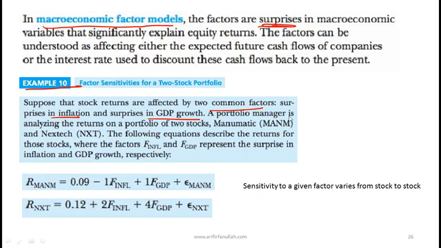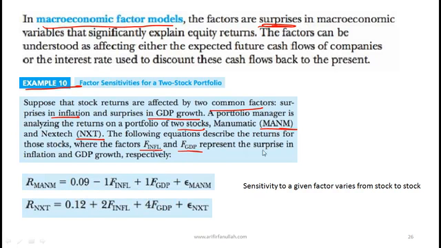A portfolio manager is analyzing the return on a portfolio of two stocks, Manumatic and Nextech. The following equations describe the returns for these stocks, whose factors, so these are the two factors, one is based on, what do you think this means? F inflation.